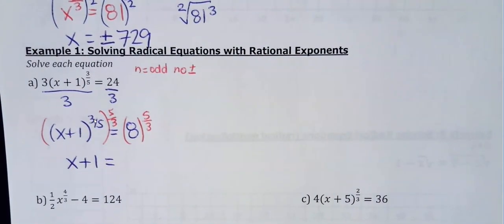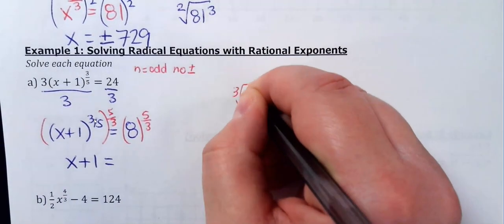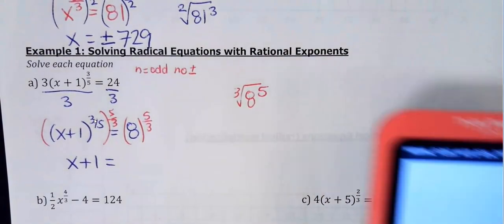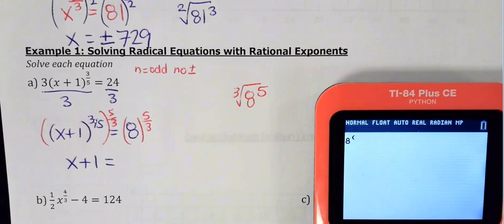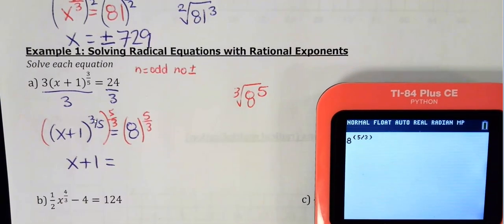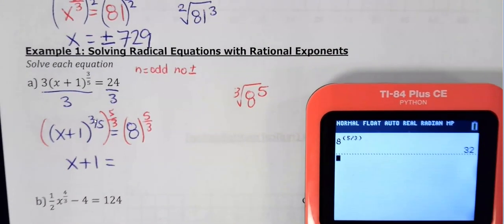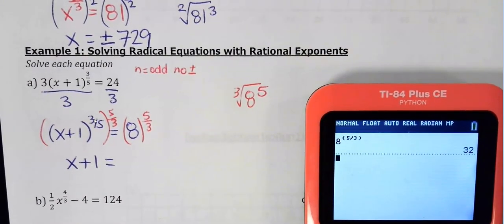Now, if you want some practice with this and you want to do the bottom out and practice that, you can. This would be the 3rd root of 8 to the 5th. Or if you want to just grab your calculator, I'm just going to do 8 to the 5/3 power on my calculator real quick. And if anybody needs help doing that, I will be happy to help you with it. If you can't see the exponent, like I can see that's 5/3, you do need to put parentheses around a fraction exponent.